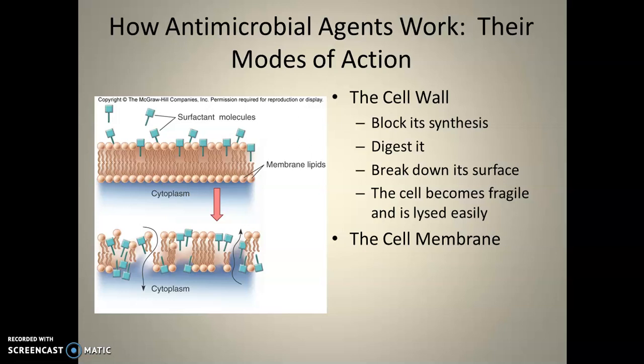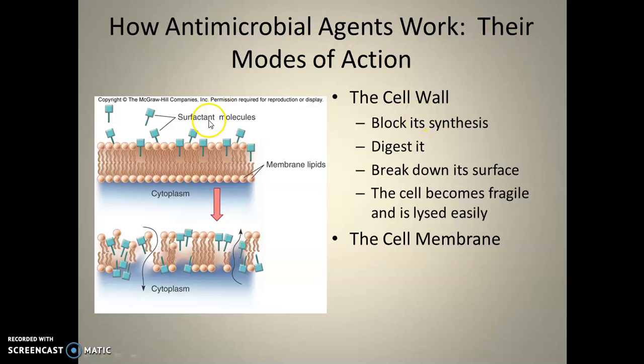So having some mode of action of preventing the formation of peptidoglycan, or breaking down peptidoglycan, is one approach. Also disrupting the cell membrane will disrupt the membrane integrity, which will allow water to flow into and out of the cell, and eventually cause the cell to lyse.